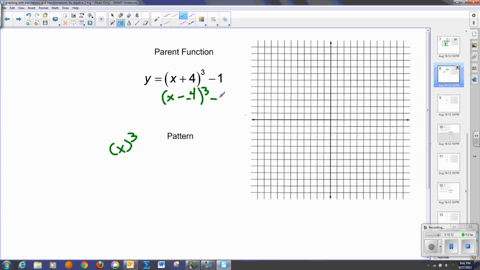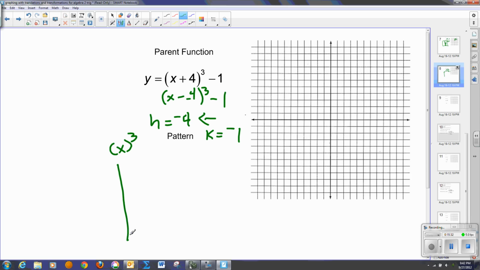And I know my h value follows the subtraction sign. So my h is a -4, which means everything moves to the left. My k value follows an addition sign, but this is a subtraction, so it must be a -1.